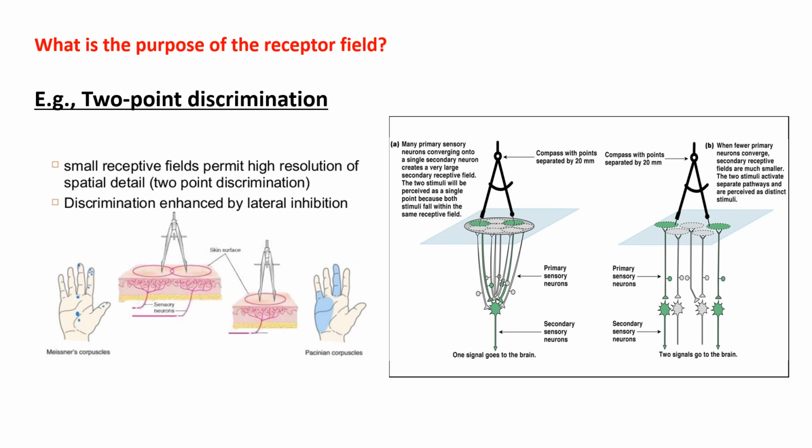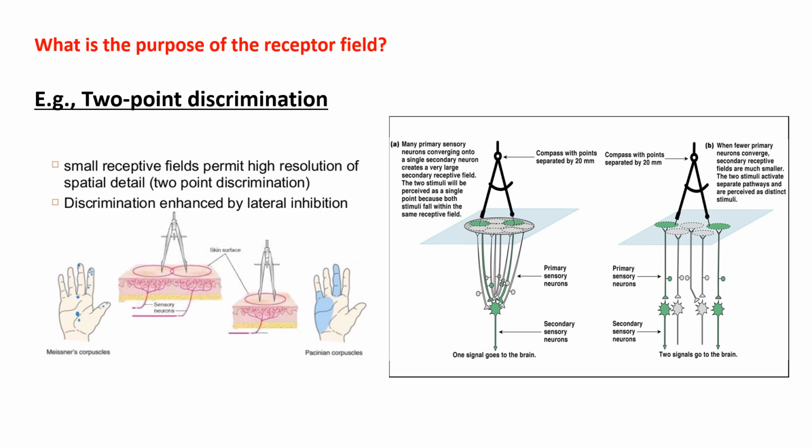Now, there are 2 ways, of course, that we can discriminate. One is having the receptive field. In the picture, figure A, many primary sensory neurons converge onto a single secondary neuron. So even if you have 2 separate receptive fields, if they converge onto a single secondary sensory neuron, it will go to the brain as just one signal, and it will not be able to discriminate these 2 points.